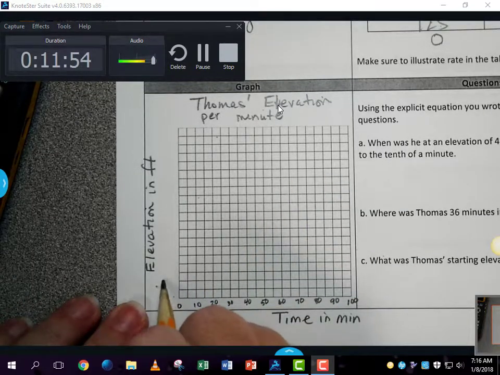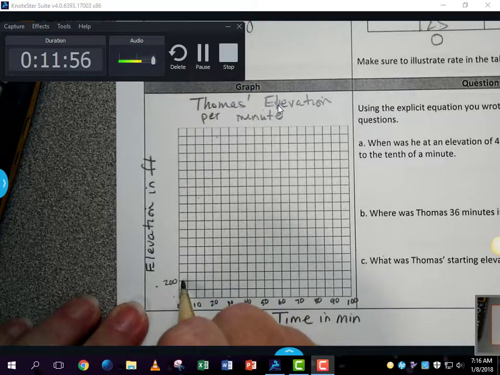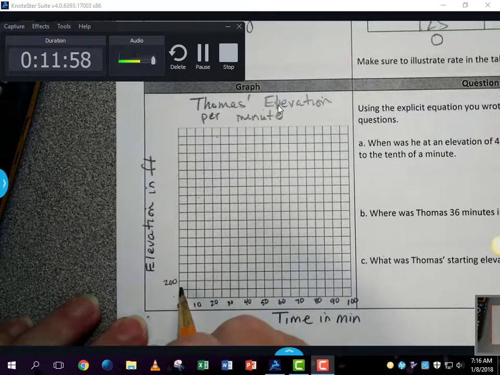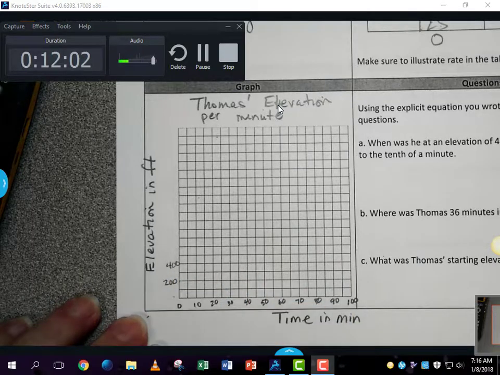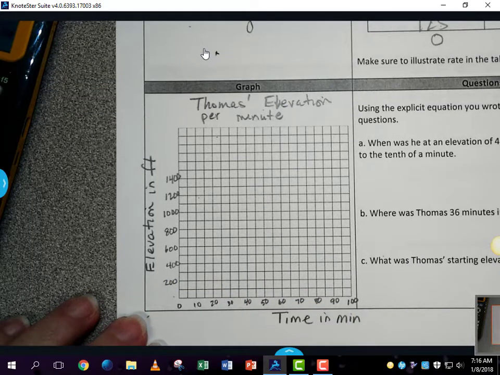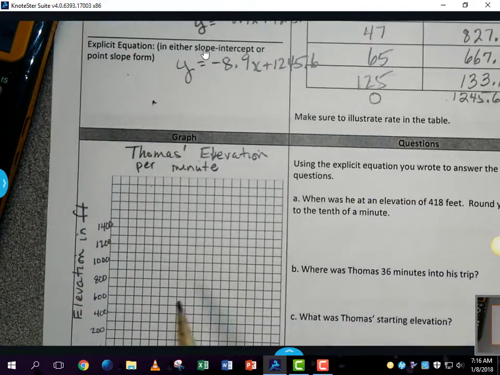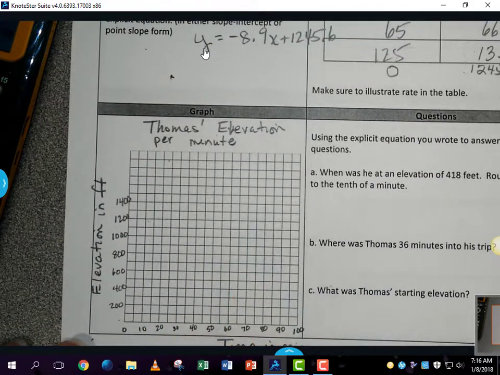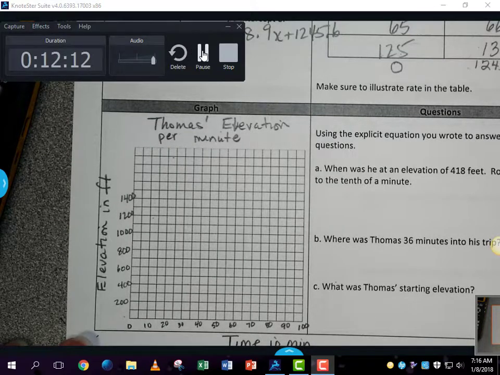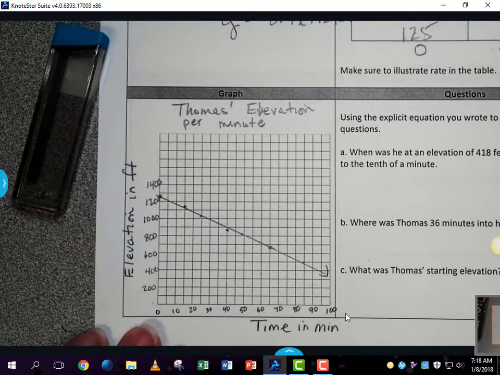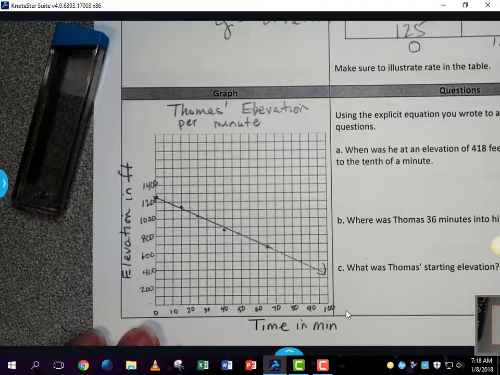So this would be 100, and then, you know, I don't write all the numbers in. So 100, 200, 300, 400. I'll be right back. I'm going to fill mine in. Now I'm going to look at my data table, and I'm going to fill in each of my plots. Okay, and when I finish that, that is what my graph looks like.